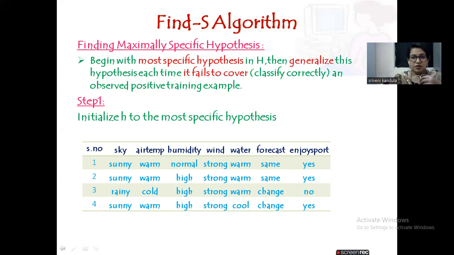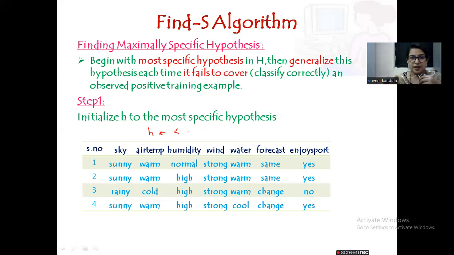Now we will consider this example in order to solve the Find-S algorithm. We have to initialize the hypothesis H to the most specific hypothesis. Whenever we write a hypothesis, we consider only the attributes, not the target attribute.